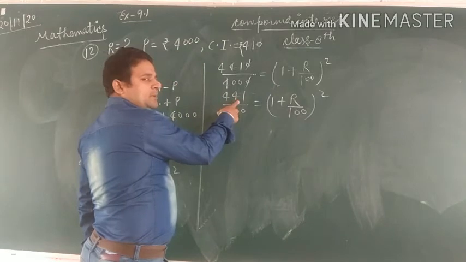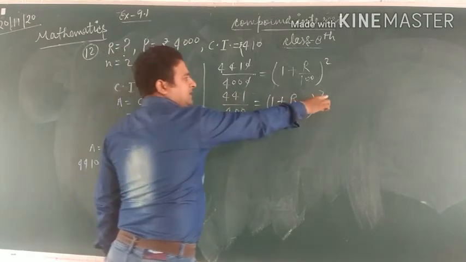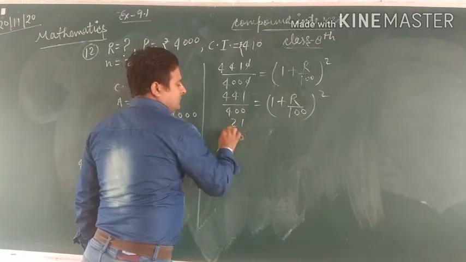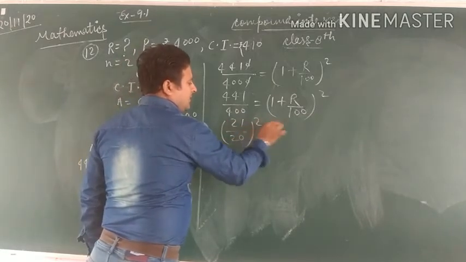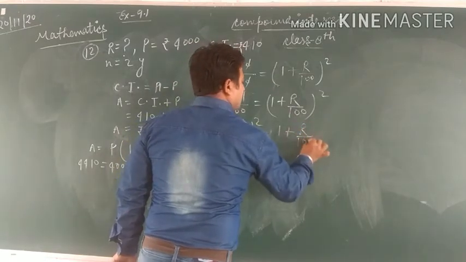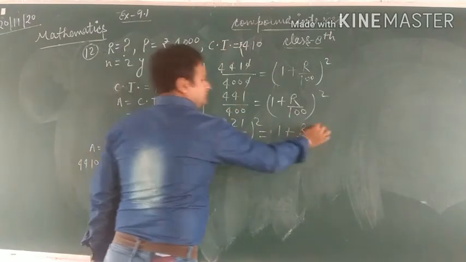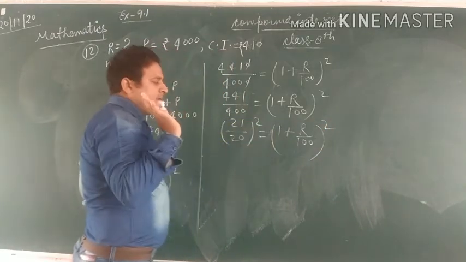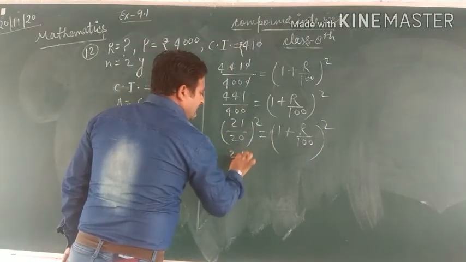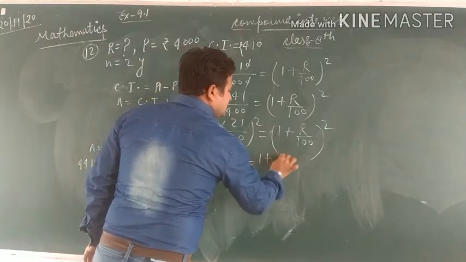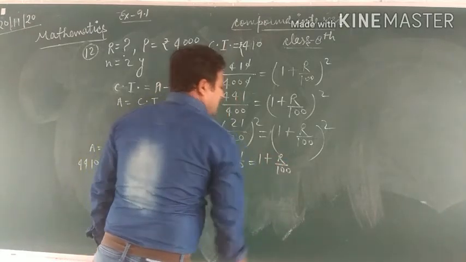We shall write this term as a power of 2: 21 upon 20 to the power 2 equals 1 plus R upon 100 to the power 2. By comparing, the power will be removed. So here we will remain with 21 upon 20 equals 1 plus R upon 100.